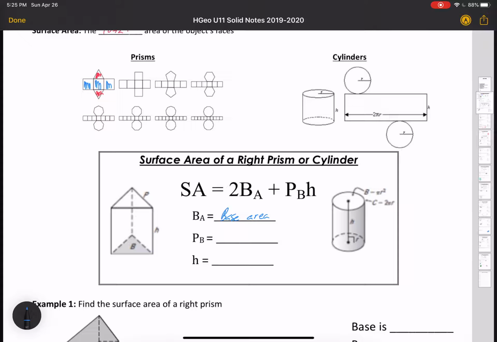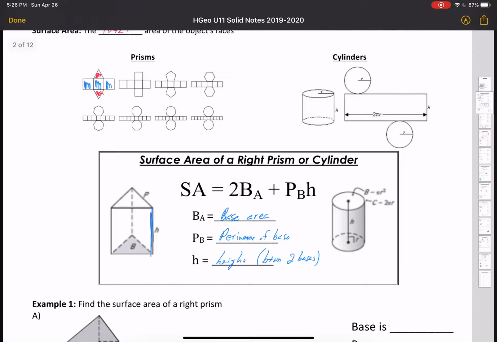And then we do the perimeter of the base times the height. And the height is between the two bases. So it's the segment that connects the two bases. Okay? So 2 times the area of the base, that accounts for both the bases. And then perimeter of the base times the height is going to take into account all of the rectangles that surround those bases. So that's our shortcut formula.